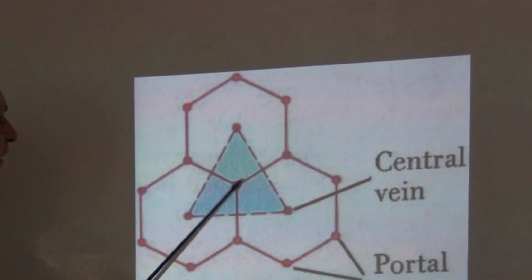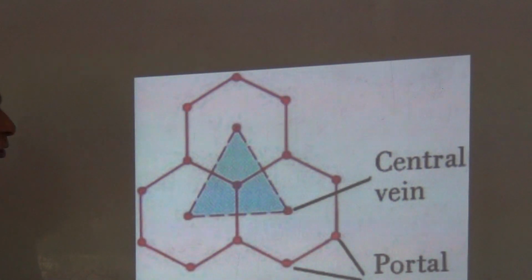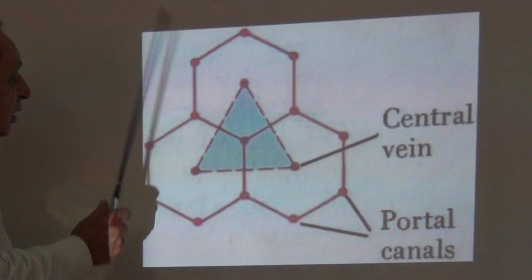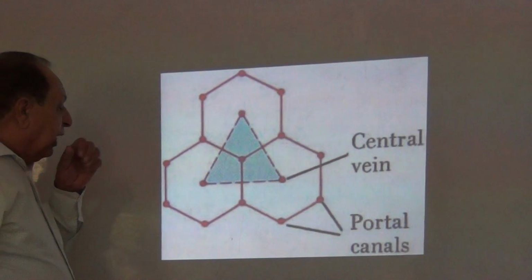So these three adjacent areas of the three adjacent hepatic lobules drain their bile into the portal area bile duct.